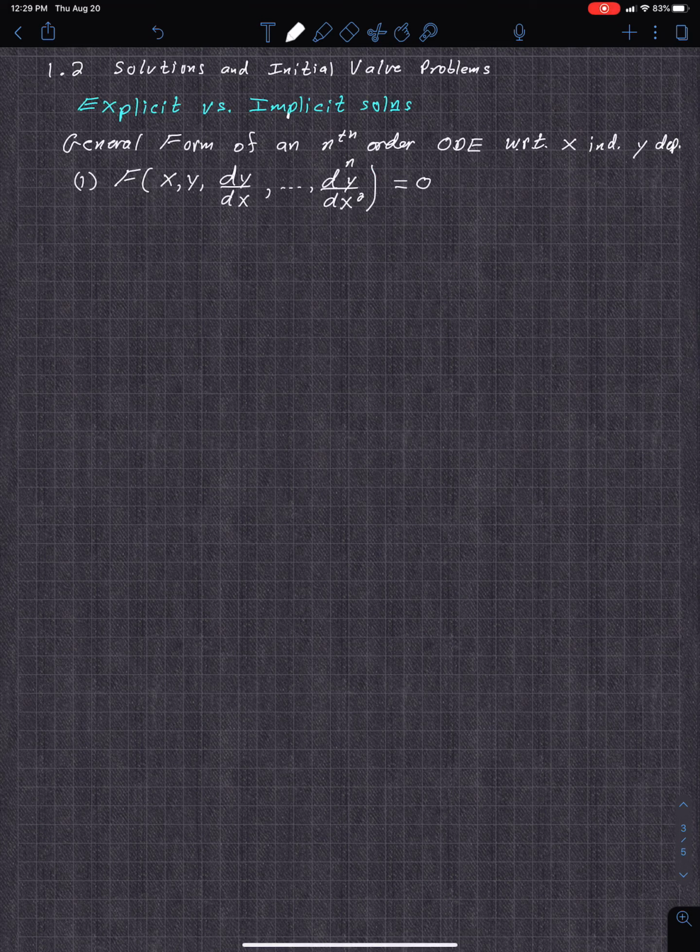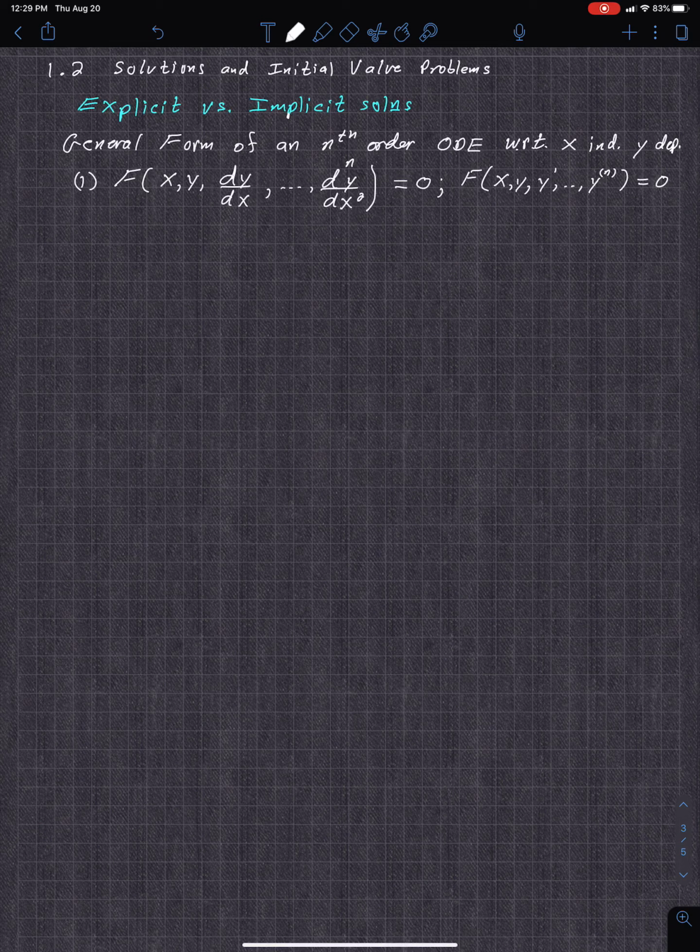That's one form. So that would be the Leibniz form. Another way of writing that, and this is actually a much nicer form, is F of x, y, y prime, etc., all the way to y to the nth derivative, equal to 0.